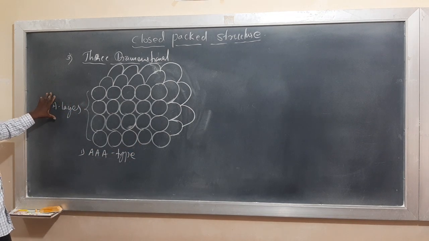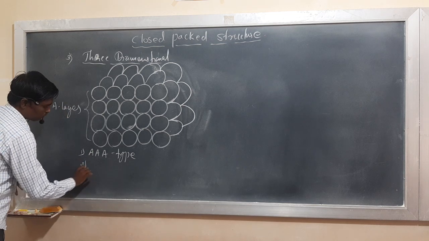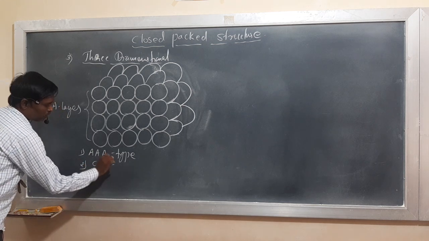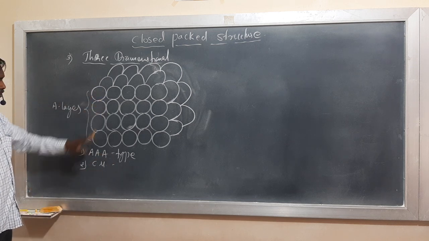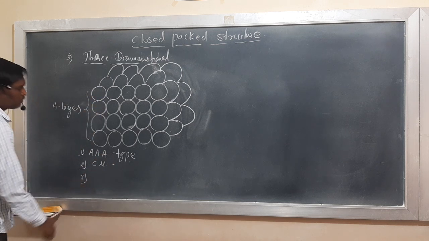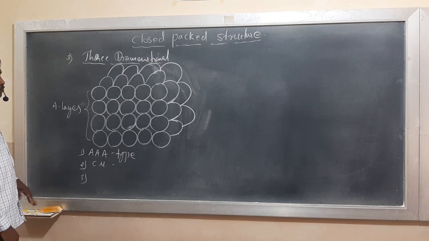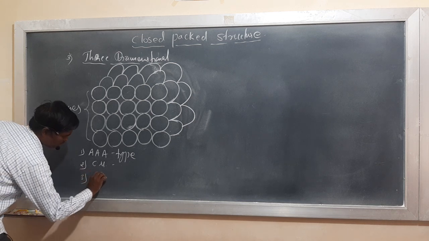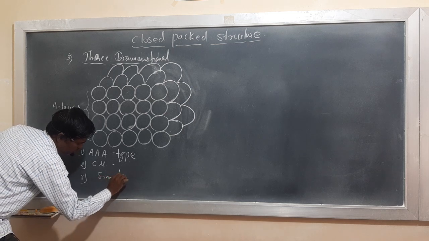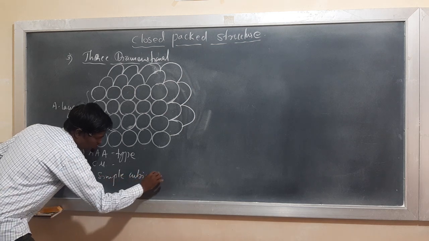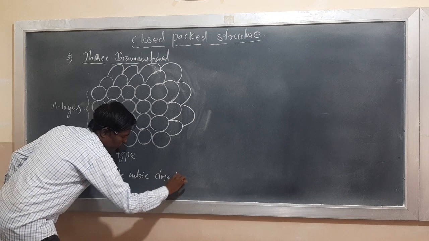And the next point is about the coordination number, and this arrangement is also called a simple cubic close packing arrangement. Okay, I will come to that. It is also called simple cubic close packing.